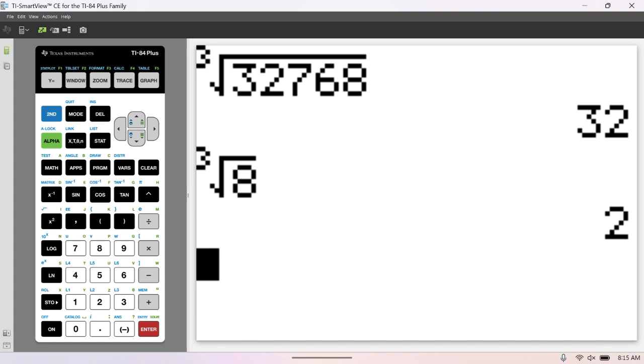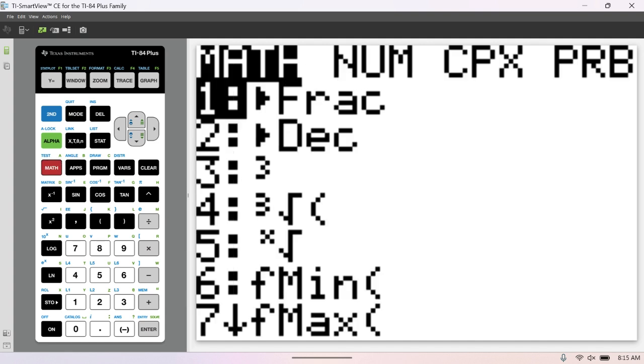Now, another way that you can do it is if you hit the 3 first, then hit math, and then do you see right here where it says 5? It has like a little x. You can input any number you want for that value, but you have to hit that value first.